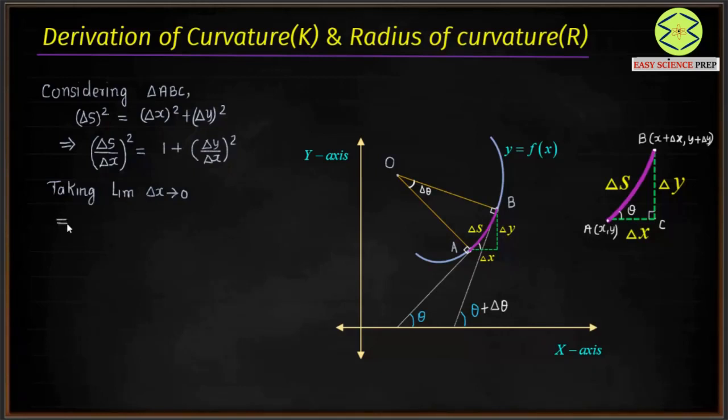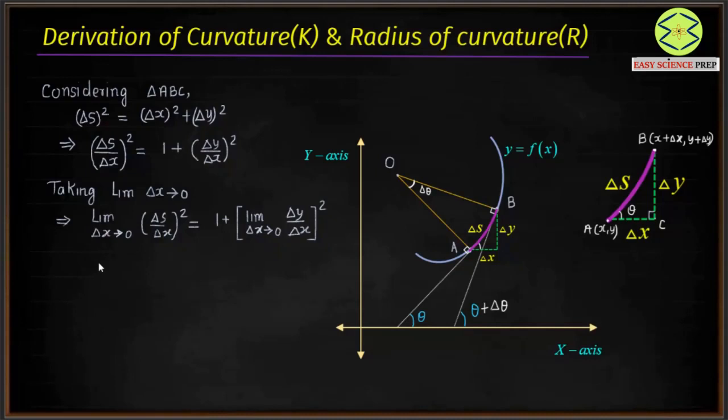So that will be simplified as limit delta x tends to 0, delta s by delta x the whole square equals 1 plus limit delta x tends to 0, delta y by delta x the whole square. This will be definitely a quite simple term, and you all are aware of this. By the basic definition of derivatives, we know that this value is nothing but ds by dx the whole square, and this is nothing but dy by dx the whole square.